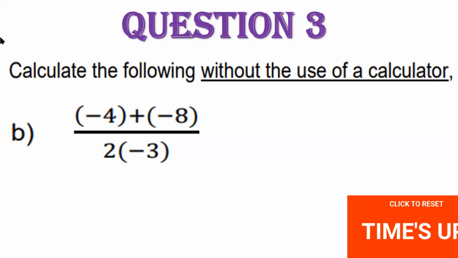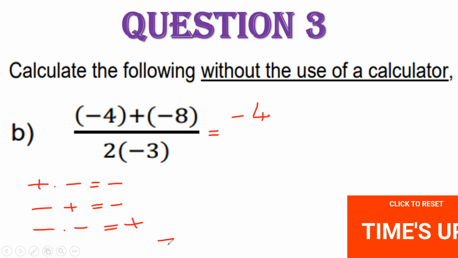Same steps we are going to use. First of all, we can remove our brackets here. So we have -4. And what we said, if you have differences here, positive and negative, let's remember one more time: positive, negative, negative; negative, positive, negative; and negative, negative making positive, and positive positive making positive.